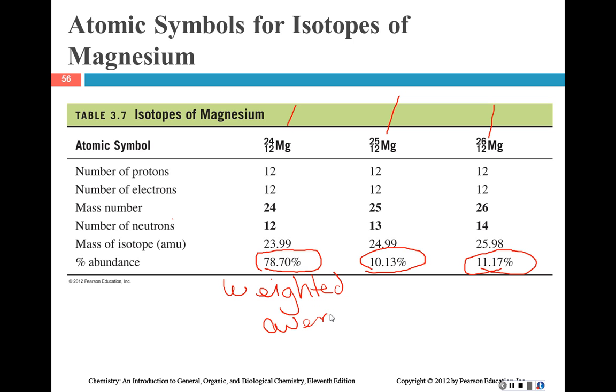That's taking into account how much of each one of these occurs, because you're going to have more of this, so that has to count more.